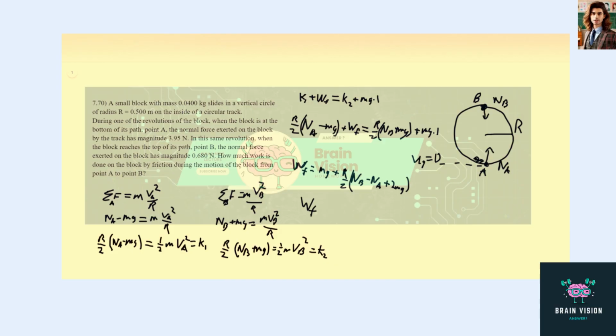So we have work due to friction is equal to 0.3924 joules plus r over 2 times Nb minus Na plus 2 mg. We substitute in all those numbers. We get minus 0.6, and let me erase that positive just to make it clear.